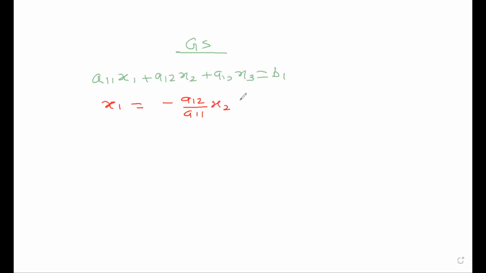In the Gauss-Seidel method, if we have an equation A11 x1 plus A12 x2 plus A13 x3 is equal to, say, B1, we can rearrange this equation in this way: x1 is equal to minus A12 divided by A11 x2 minus A13 divided by A11 x3 plus B1 divided by A11.